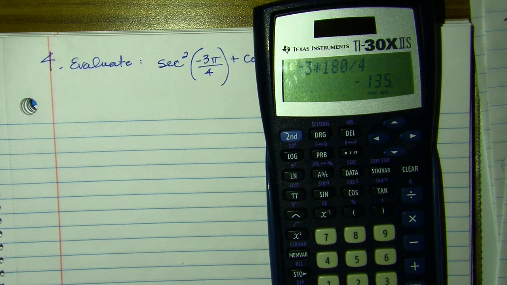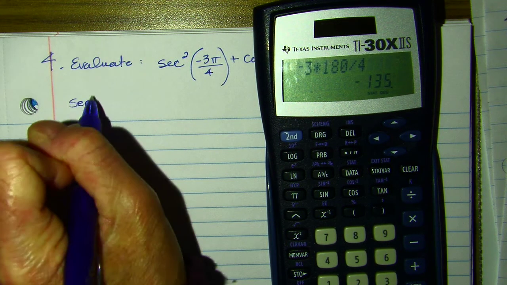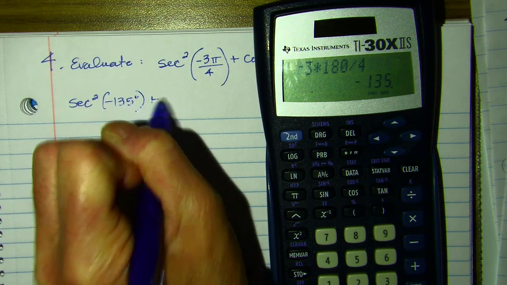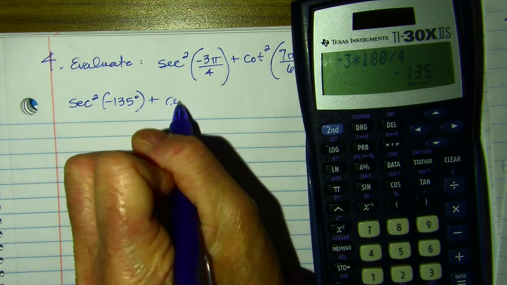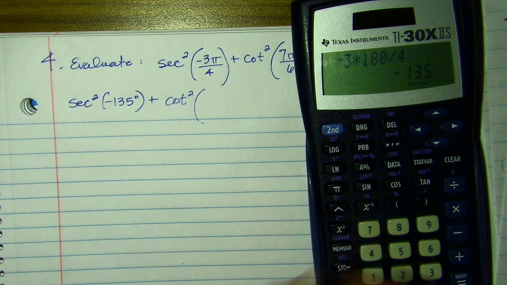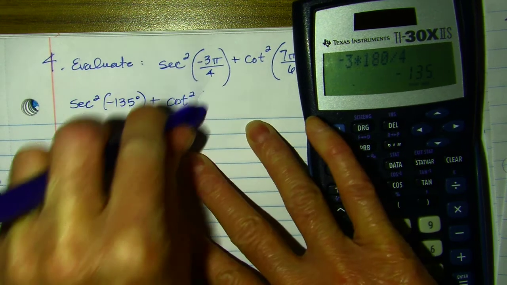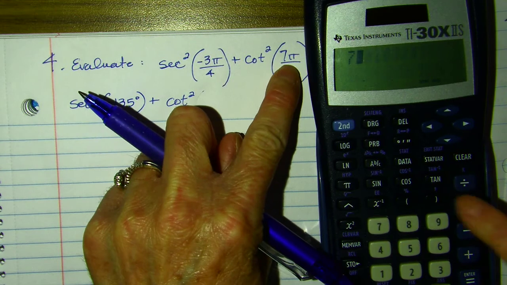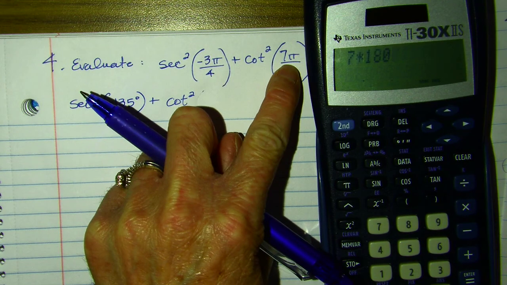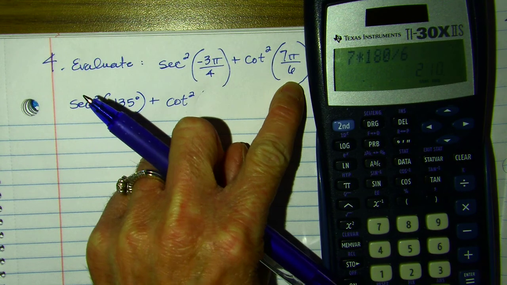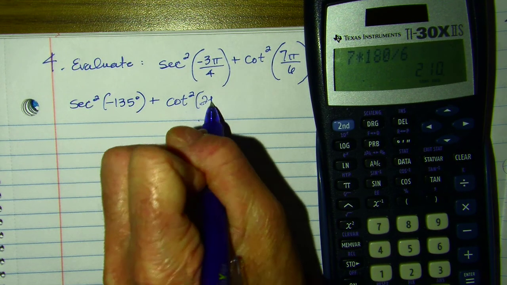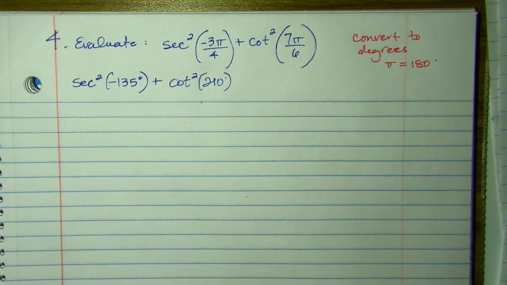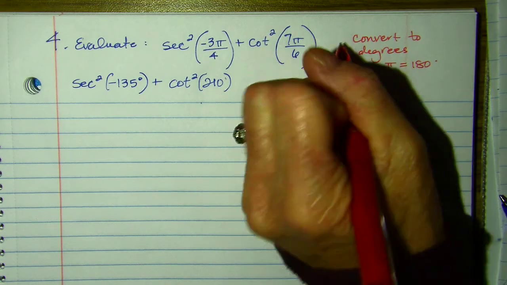So this is secant squared of negative 135 degrees plus cotangent squared of, whoops, I don't need that big of parentheses. Now I'm going to convert this second one. So 7 times 180 divided by 6. And so I get the cotangent of 210 degrees.